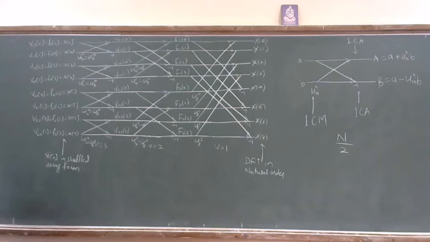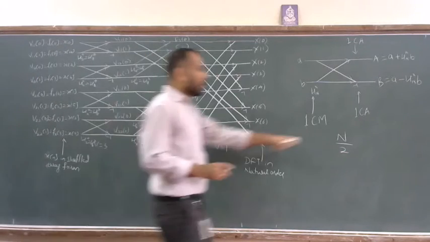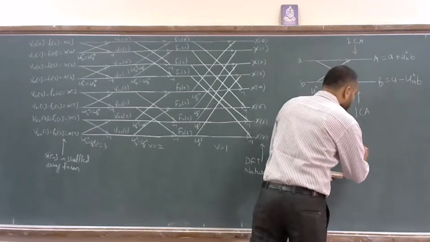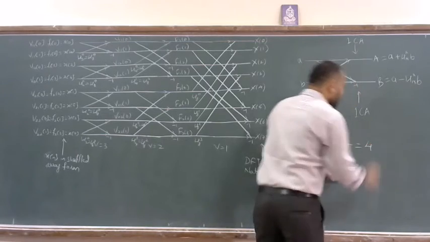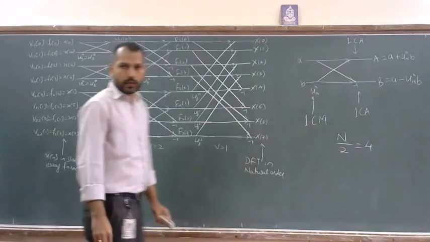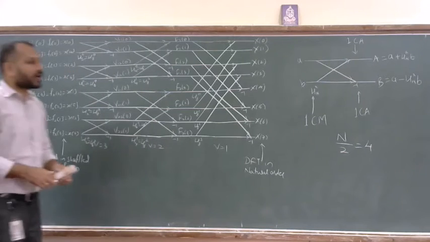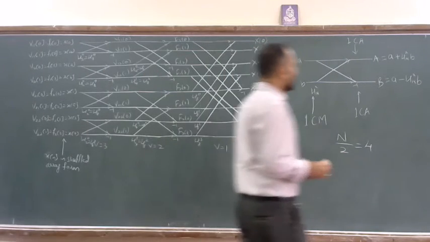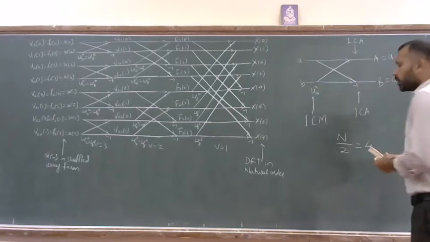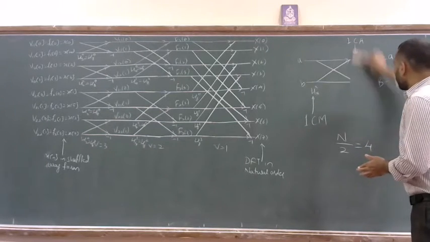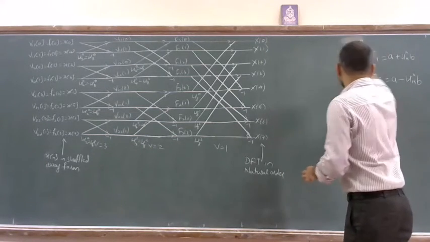So in each stage of the DIT FFT algorithm, the number of butterfly structures will be N by 2. For N equals 8, this will be 4 butterfly structures. So how many butterfly operations do we need to perform in total for N equals 8?